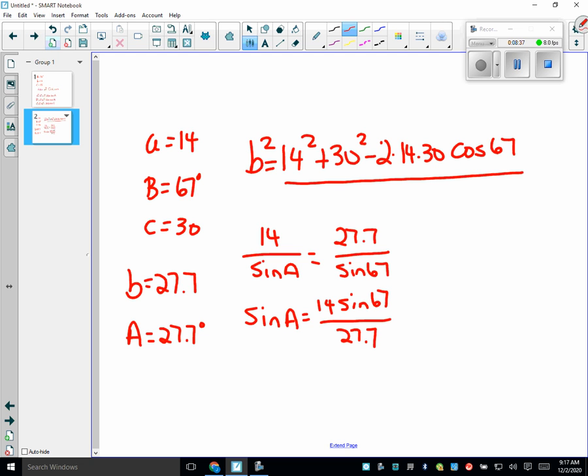What is angle C? 85.3 degrees. Now I'm going to tell you guys, your three angles have to add to 180. They have to. Is this okay? Does that make sense? Can we do a hard one?